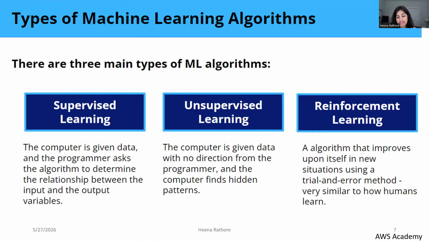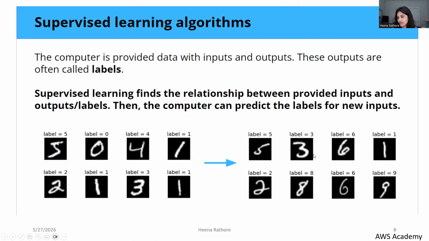And reinforcement learning is a student who learns by doing, receiving a gold star or correction after each and every attempt. If I give you a question, you provide an answer, and I provide you feedback saying, okay, this is right, this is wrong. So you basically learn by that reinforcement, okay, I'm understanding and I'm not understanding. Reinforcement learning falls under that category.